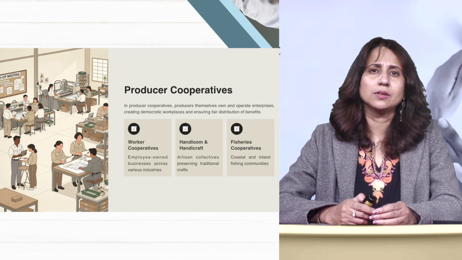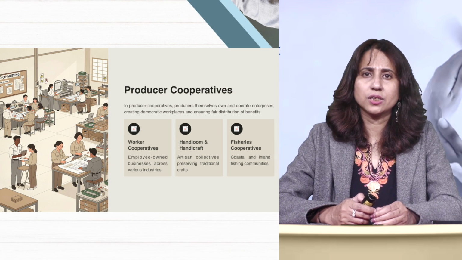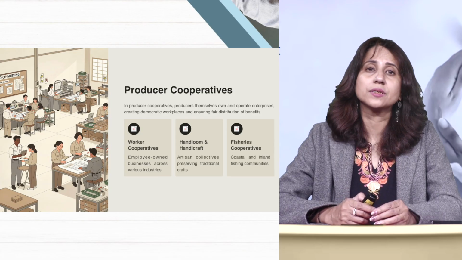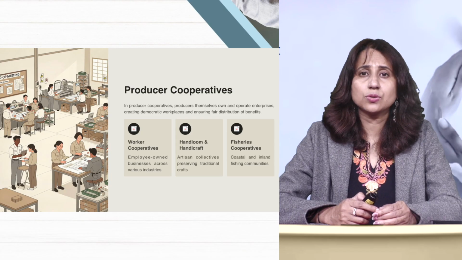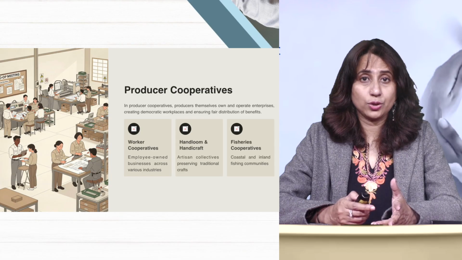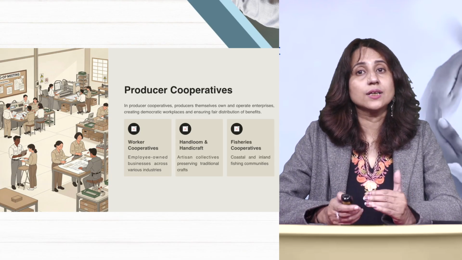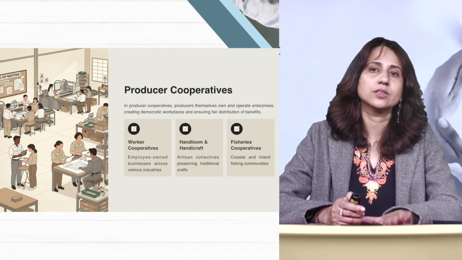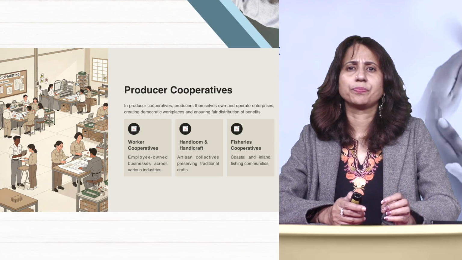One example is the Mondragon Corporation in Spain's Basque region, the world's most famous worker cooperative complex, employing over 80,000 people across manufacturing, retail, finance, and education. When we talk about India, worker cooperatives are less common but exist in textile mills, particularly in Gujarat and Maharashtra, and artisan sectors.